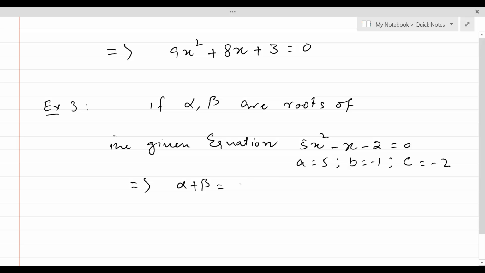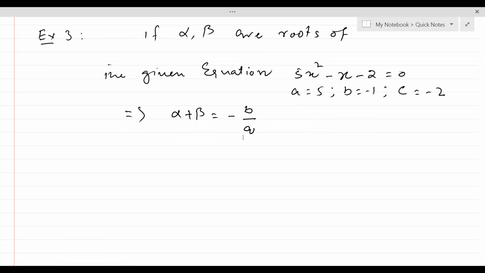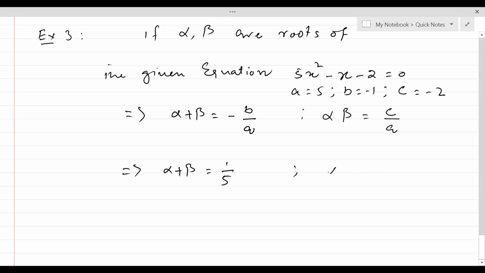Alpha plus beta is equal to minus b over a, which means alpha plus beta is equal to 1 over 5, and alpha into beta is equal to c over a, which here is minus 2 over 5.